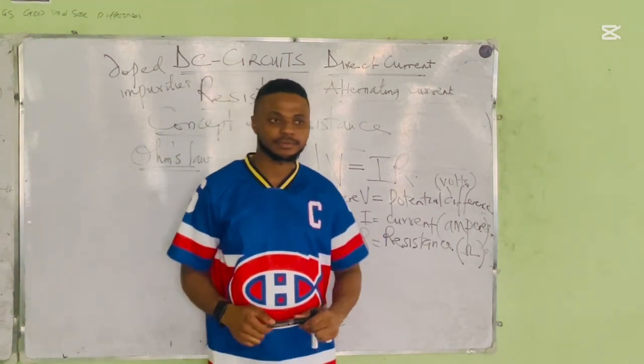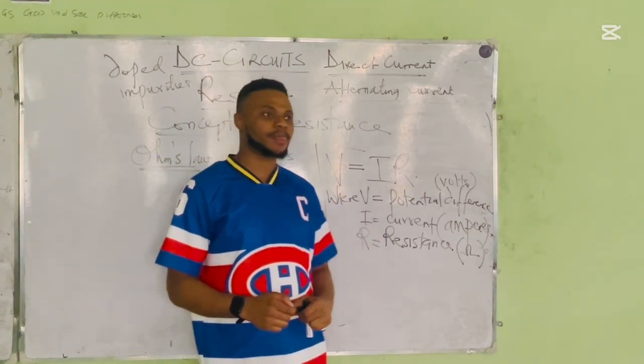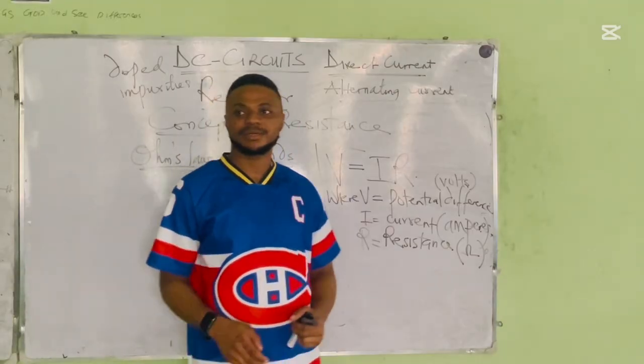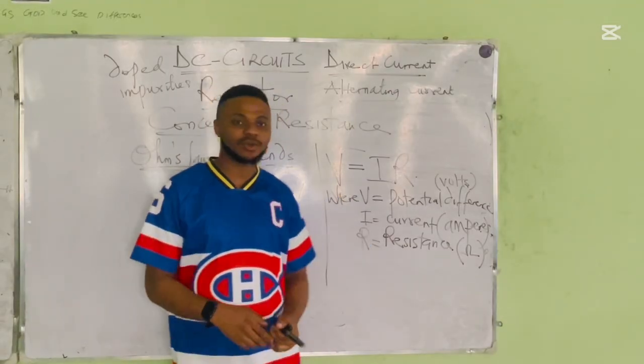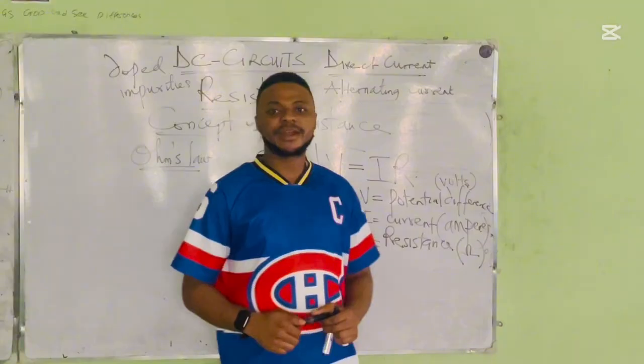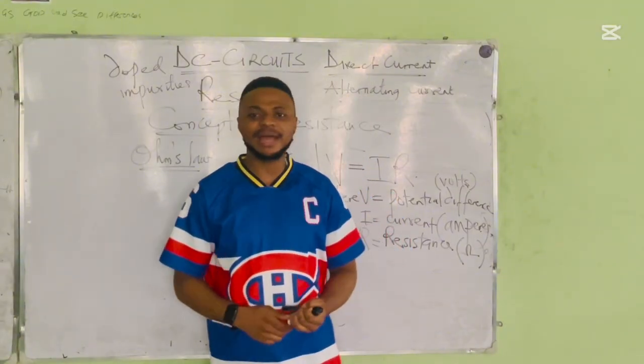Have you written this? Alright, beautiful. So R is resistance in ohms. Now paragraph. Resistance is described as the property.